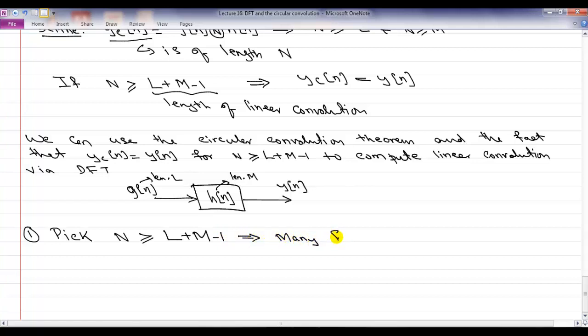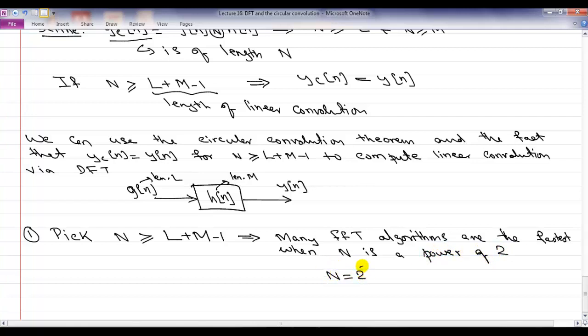Now many FFT algorithms perform the fastest when the n that is selected is a power of 2, which means that we require n to be 2 to the nu, where nu is some integer.